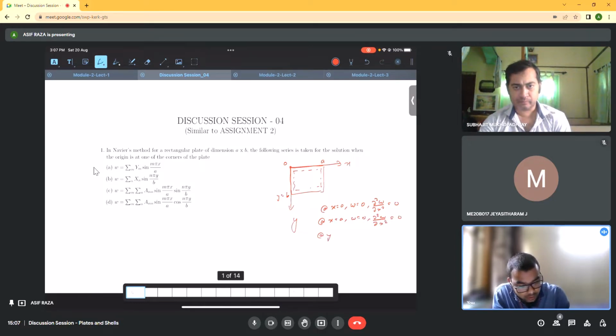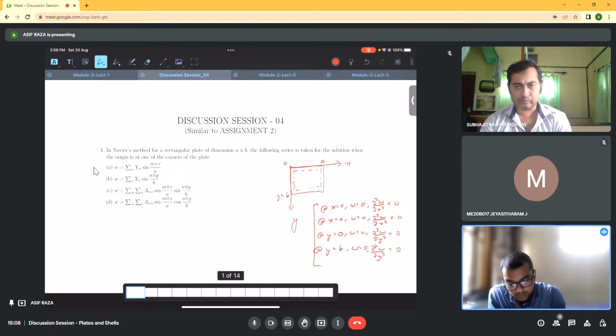At y equal to 0, we have w equal to 0 and del square w by del y square equal to 0, and similarly at y equal to b. So we have these four conditions. Let's substitute and check one by one.